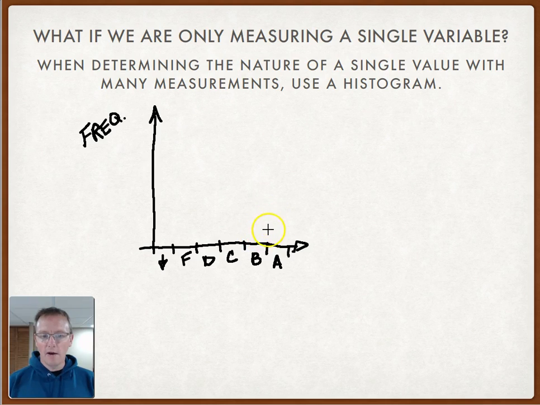So let's say I have, in this case, 5 people get A's, like so. And then let's say 12 people get B's, like so.